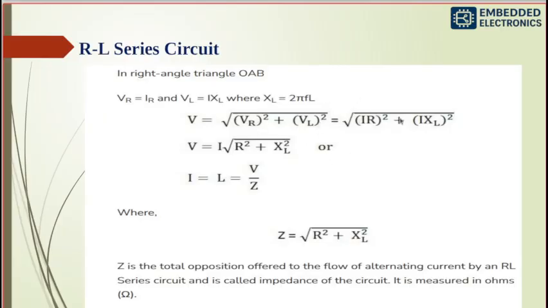Then substitute, and I is common, so take it outside: I times the square root of R square plus XL square. This is nothing but Z, so V equals IZ, and I means V by Z. Z is the impedance, the total opposition offered to the flow of AC by an RL series circuit. So this is called the impedance, and we measure it in ohms.